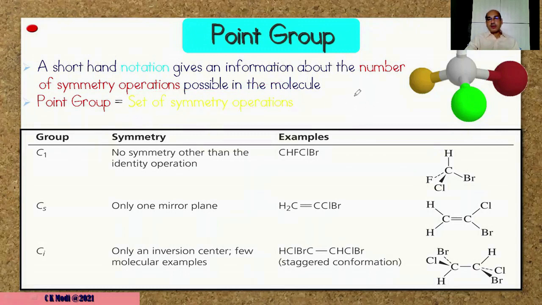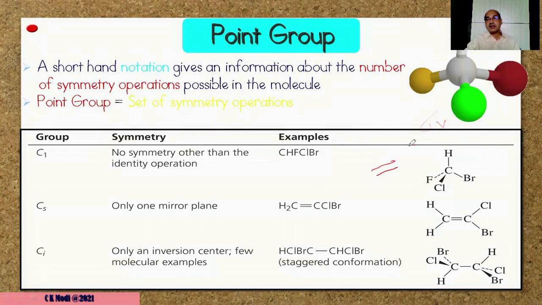So for example, the water molecule. In the water molecule, how many symmetry operations are present? We can say that C2 is present and 2 sigma v planes are also present. Okay, identity is present. So we have E plus C2 plus 2 sigma v planes.